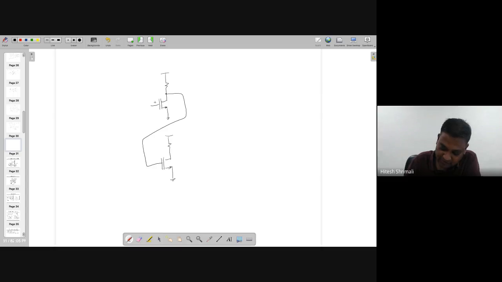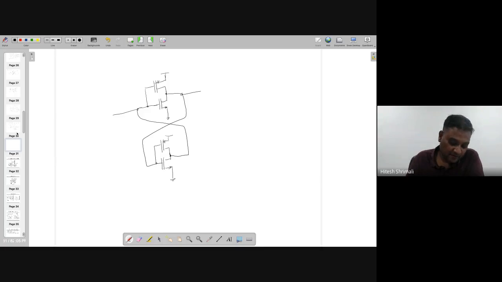Output is going here as an input, and this one is going as an output. So this is also an inverter back to back. Others are also inverters; instead of this you can keep a PMOS also as an inverter, no problem. So there are many ways to make that.